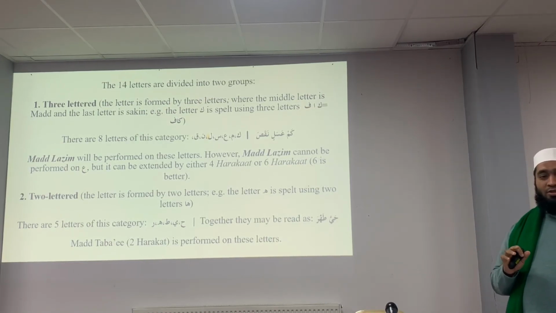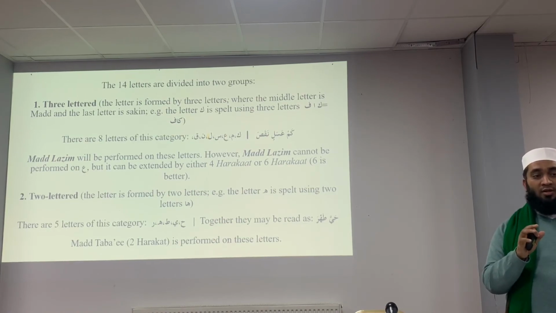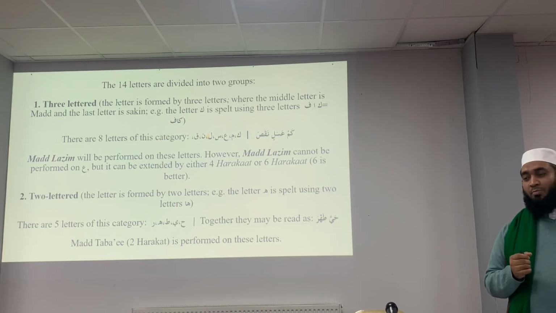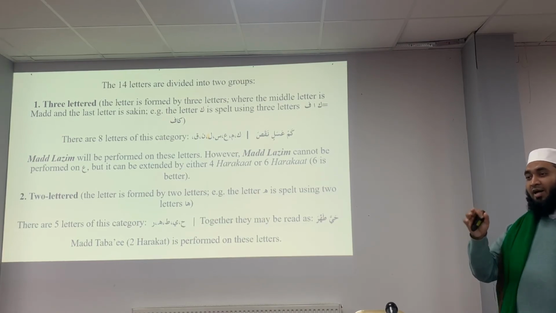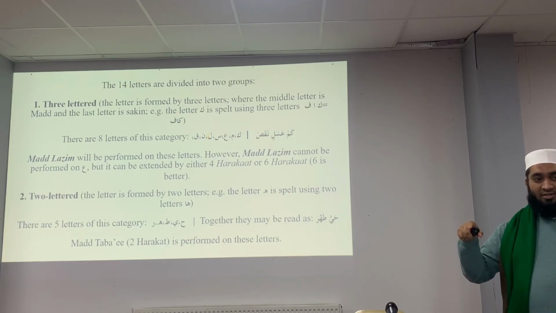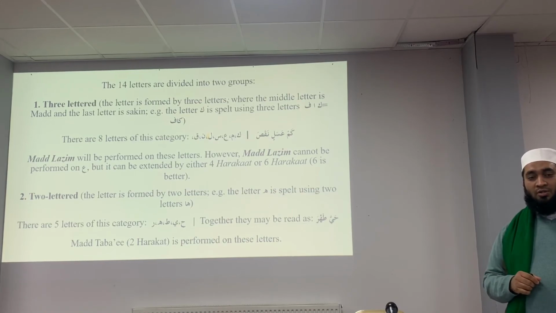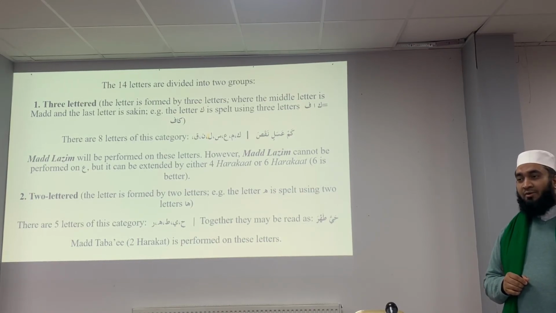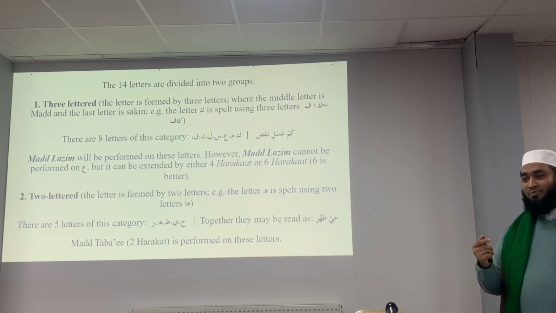Why? Because when you say Ain, the middle letter is Ya Sakin, isn't it? What's the first letter before the Ya Sakin when you spell Ain? Ain, Ya Zabor, I, isn't it? So Ya Sakin, but what harakat do we have on Ain before the Ya?